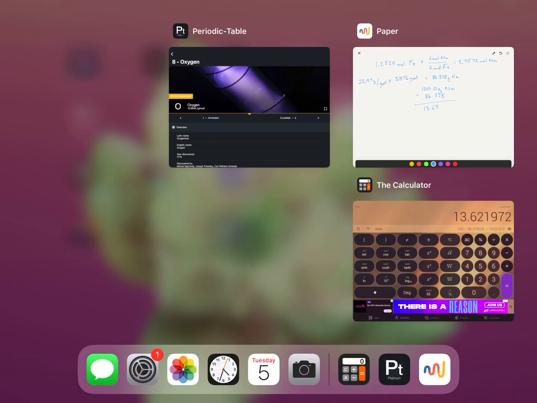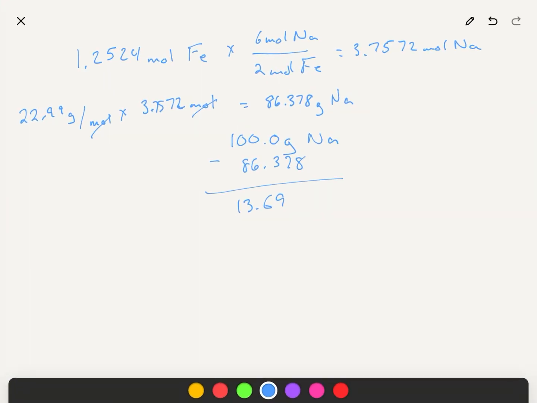It wasn't 69, it was 62.219. In an addition or subtraction problem, that's our farthest right significant figure and our least accurate number, so we would round here, and we would say that we have 13.6 grams of sodium remaining.